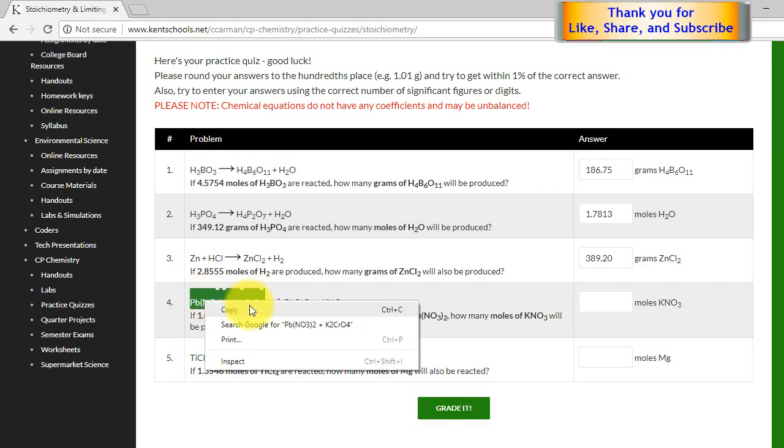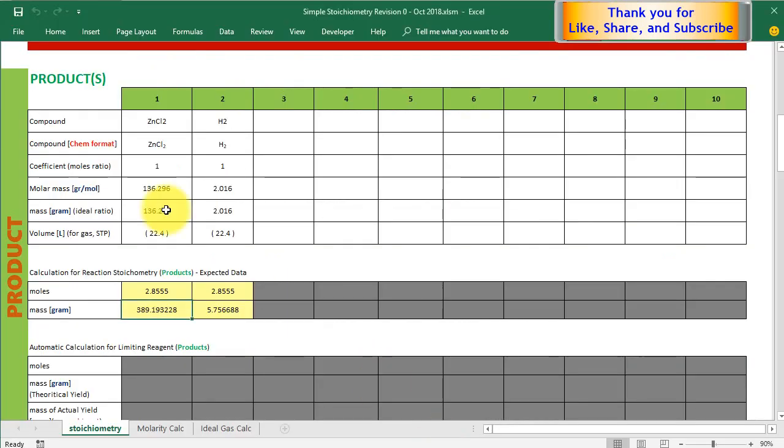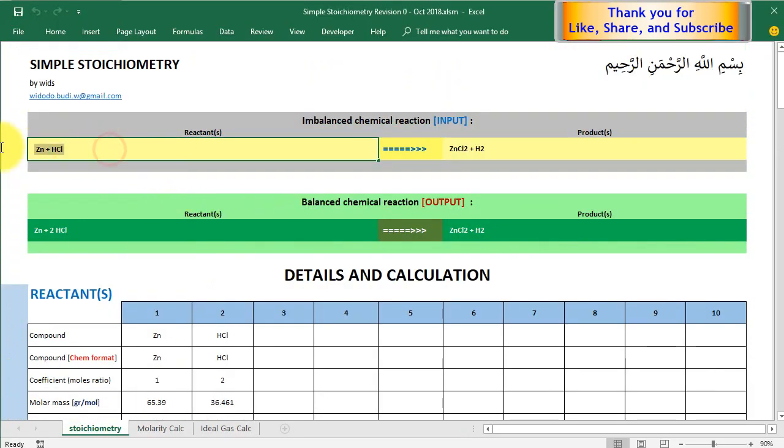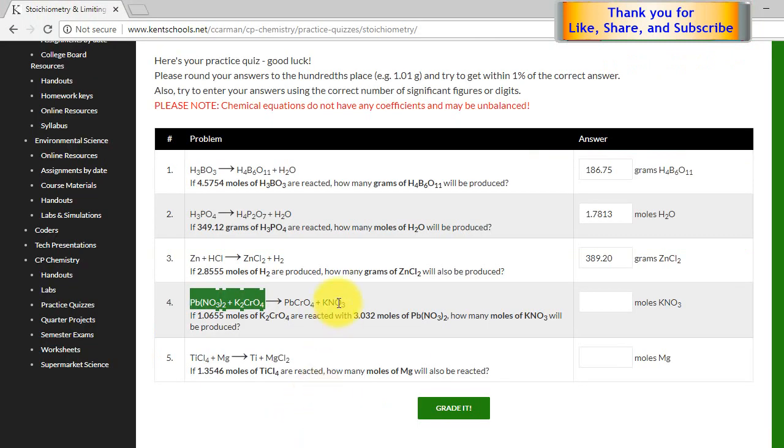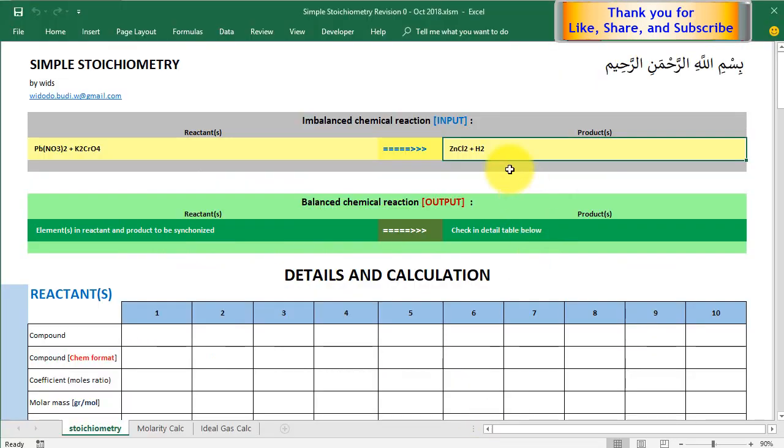Alright, fourth problem. This is lead nitrate reacting with potassium chromate, and there's a bird sound in my house.